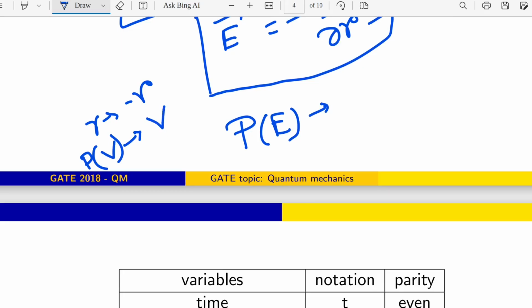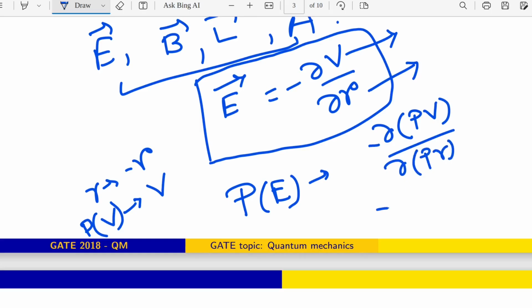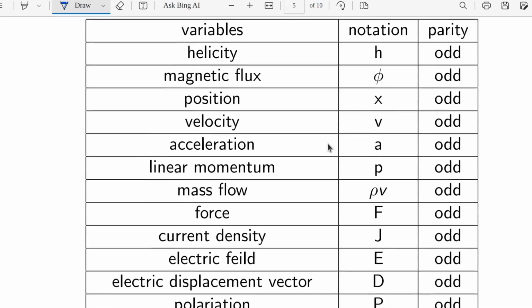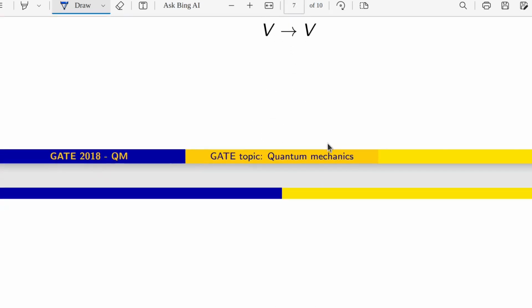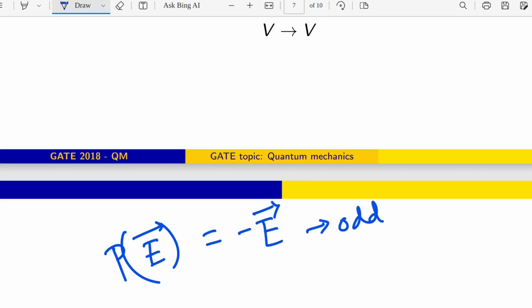So if I operate parity on the electric field, it will be minus del of PV over del of PR, which is del V over del of minus R. So the answer is minus del V del R, meaning P on E is giving minus E. That means it is odd under parity.